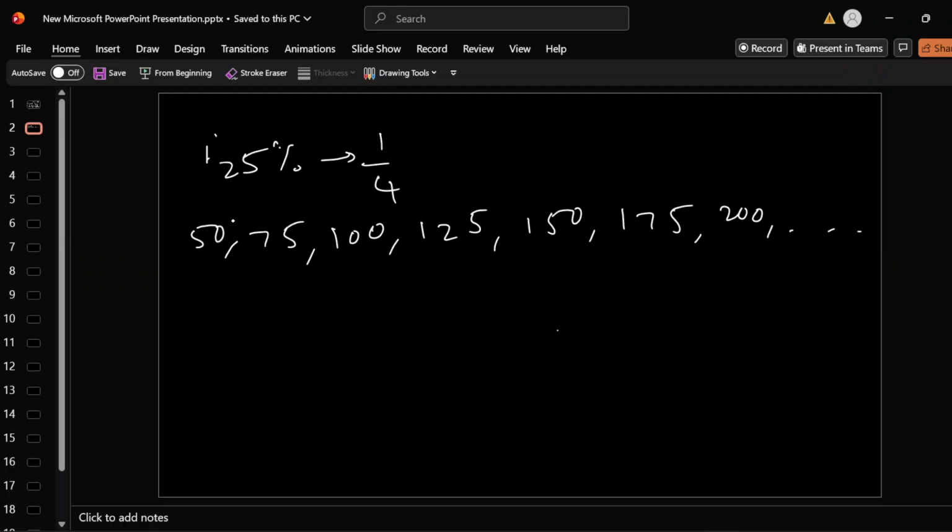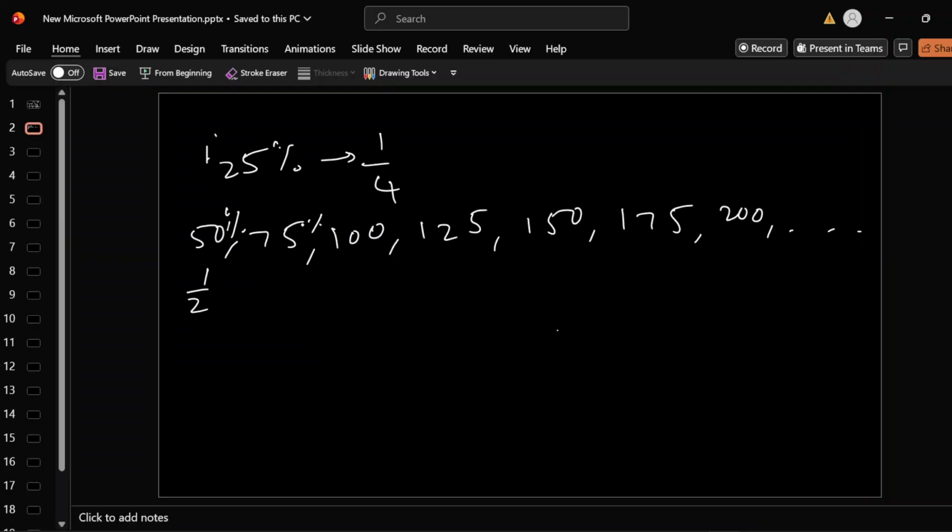If we find the percentages for these values in fraction, 50%: 25 is half of 50. That means if we double 1 by 4, then we will be getting 50% value. That means 2 times of 1 by 4 is 1 by 2. That means 50% value is 1 by 2.